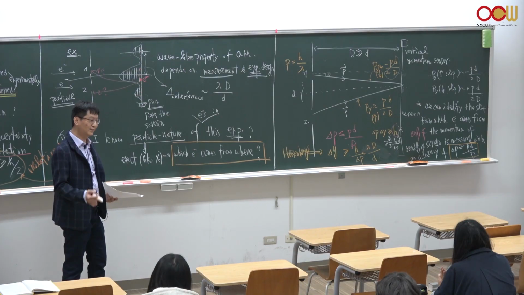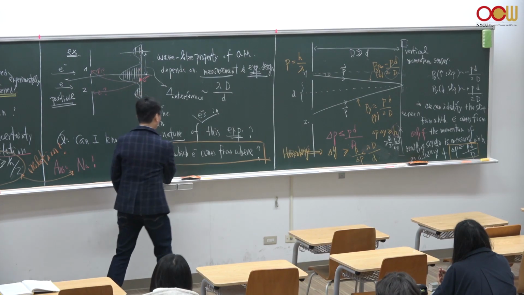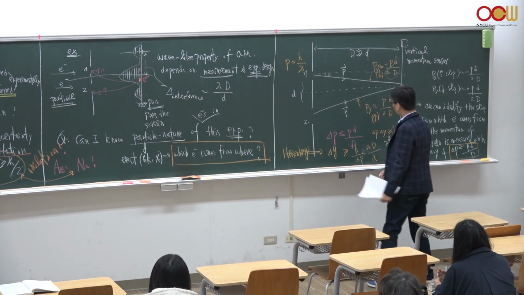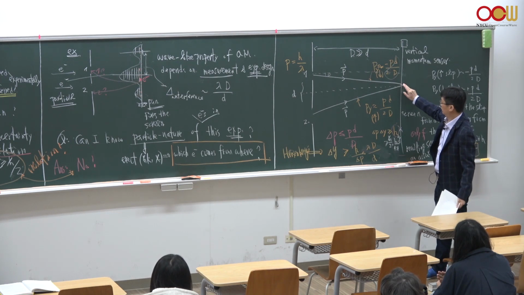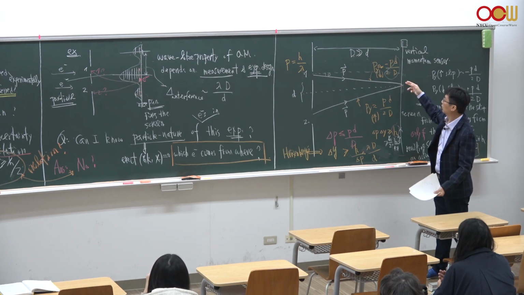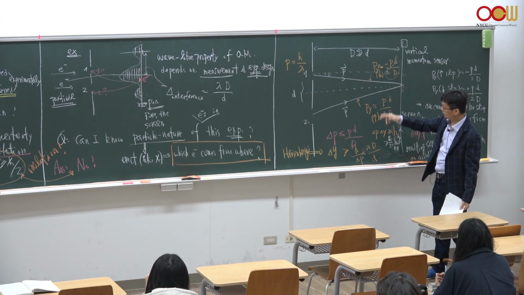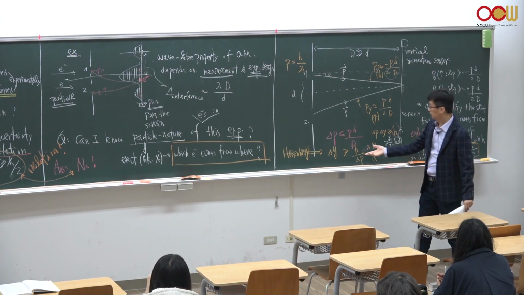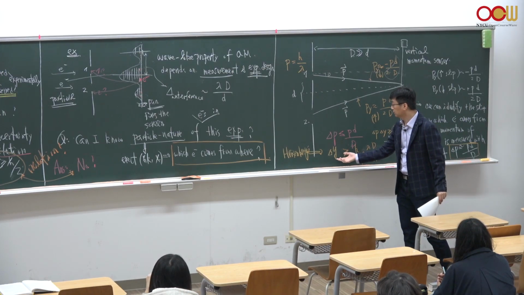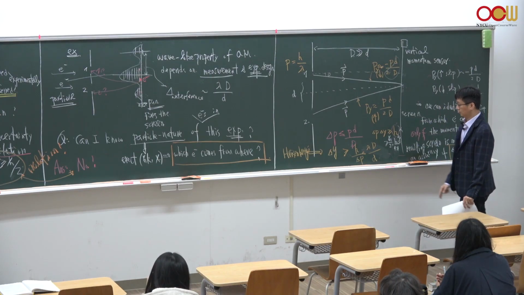Good. And this is a disaster, because in order to really know exactly the momentum of your electrons and know which electron comes from where, you have to sacrifice the accuracy in determining the position of that electron.